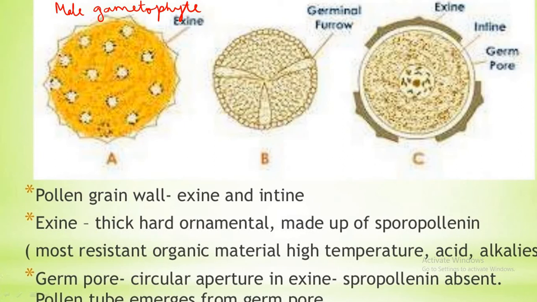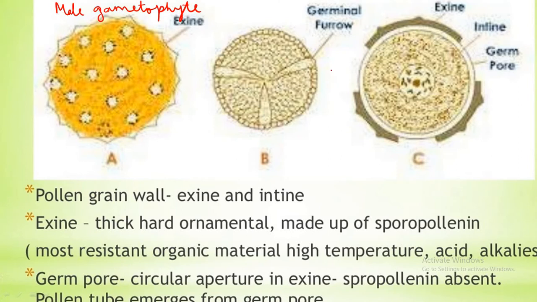They vary in their size, shape, color, design from species to species. Pollen grains are generally spherical. Here you can see the structure, their shape.